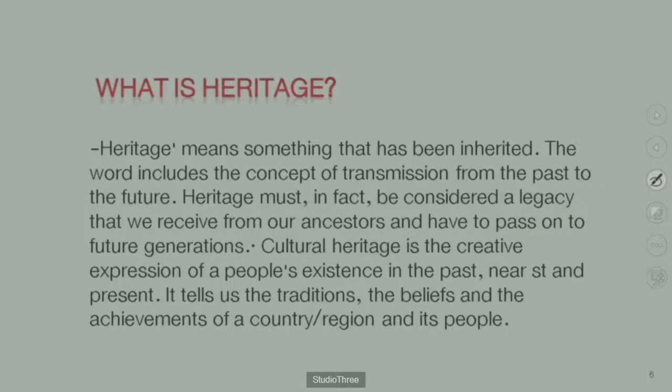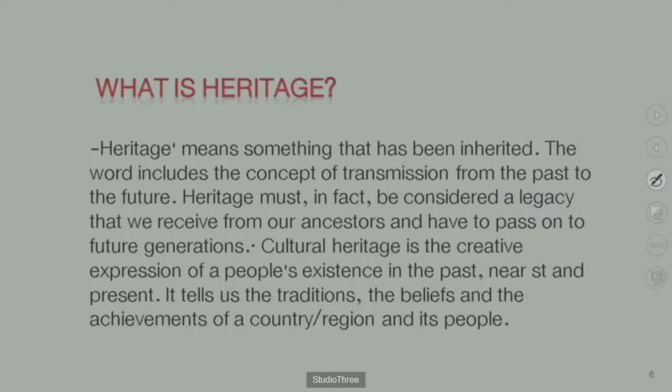Heritage must, in fact, be considered a legacy that we receive from our ancestors and have to pass on to future generations. For example, take the Ajanta caves and Ellora caves. The beauty of the world, the beauty of our ancestors has been made for us.